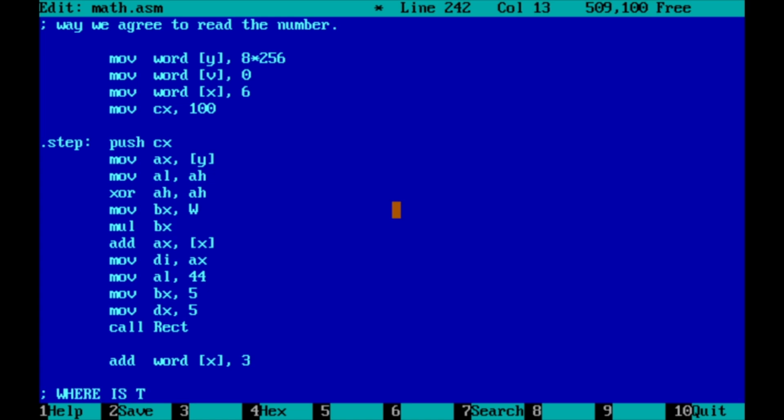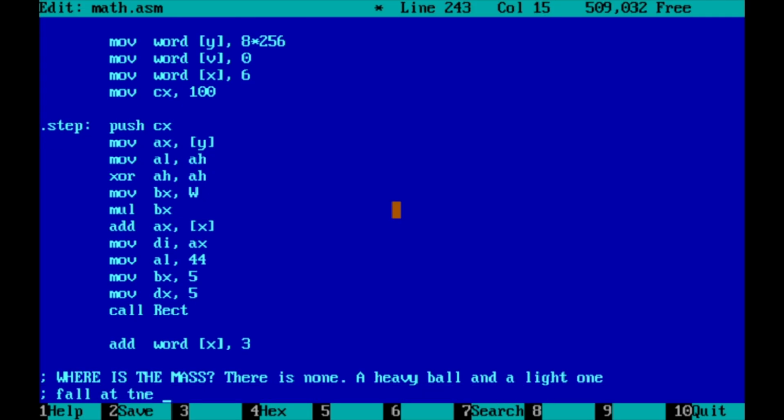Force equals mass times acceleration, so acceleration equals force divided by mass. And once you have done that division, the mass is gone. What is left has only 2 lines in it.